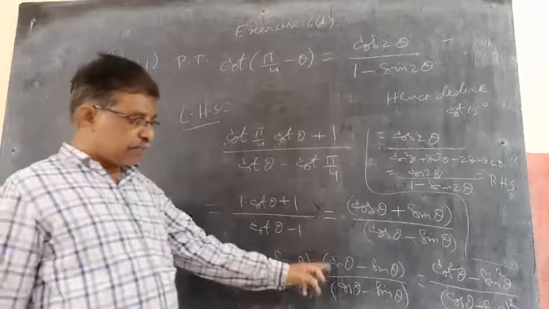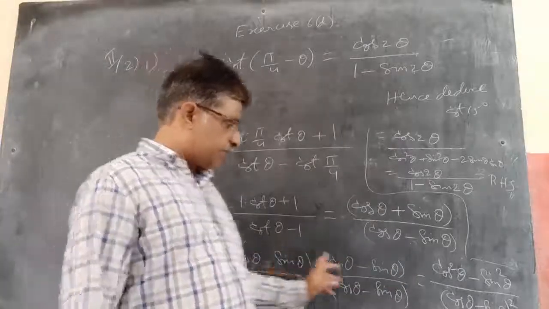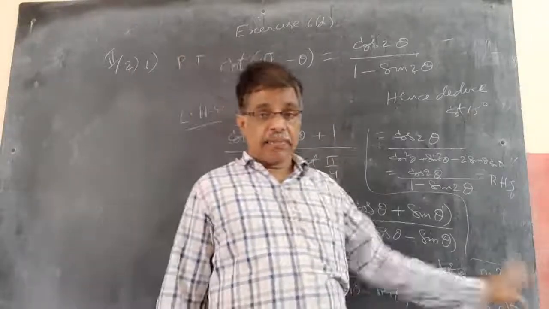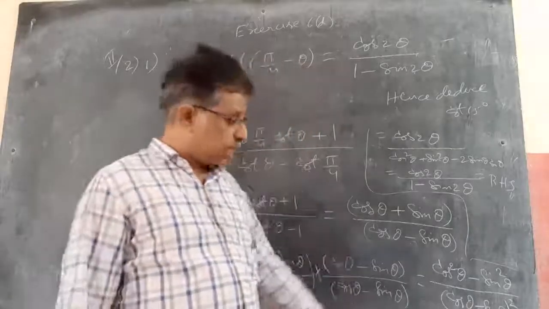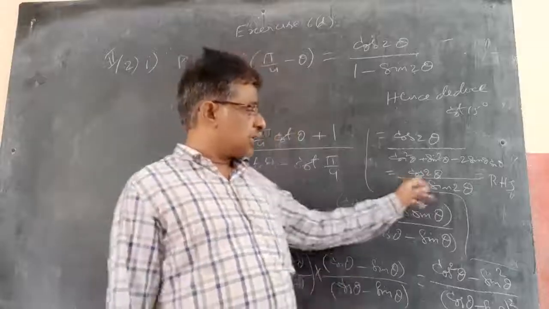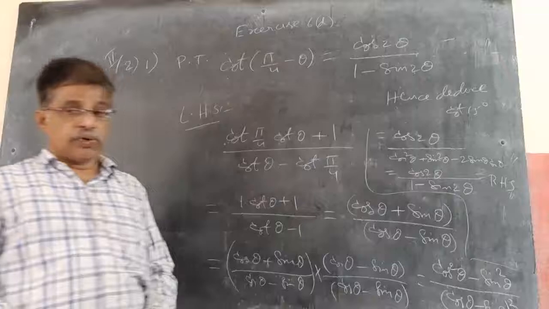Now I multiply both numerator and denominator by cos theta minus sin theta, so it becomes cos square theta minus sin square theta divided by (cos theta minus sin theta) whole square. This is (a minus b) whole square, a square plus b square minus 2ab. So cos 2 theta by 1 minus sin 2 theta. So we got what we want.